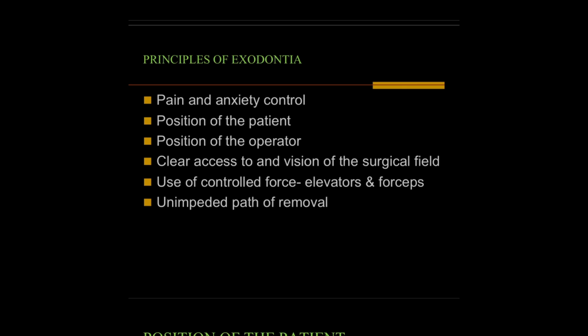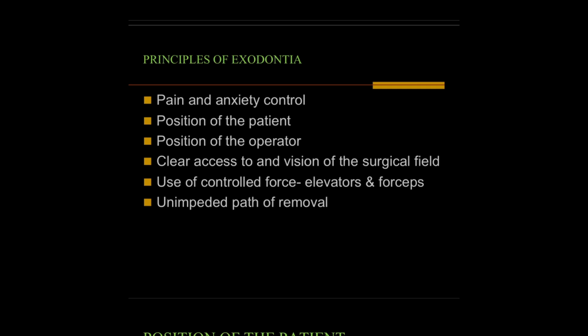Now comes position of the patient and position of the operator. Then comes clear access to and vision of the surgical field. Proper retraction of cheeks, lips and tongue should be there. Good lighting, suction should be there. Then use of controlled force, elevators and forceps.